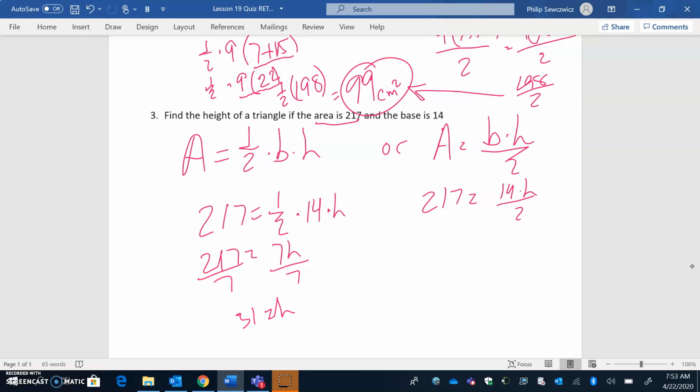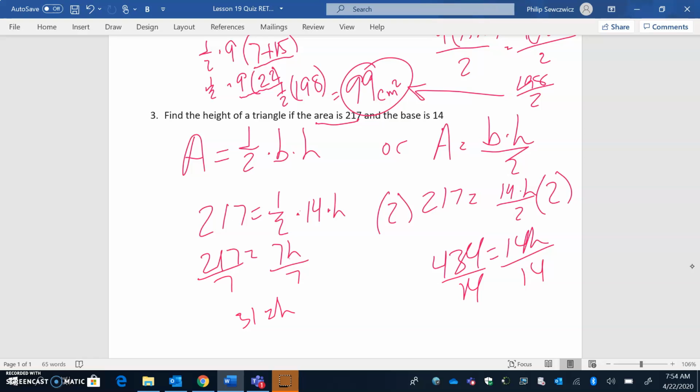To undo dividing by 2, I could multiply both sides by 2. So that'll give me 434 equals 14h. And now I'm dividing both sides by 14. What you'll notice is if you take half of 14, you get 7. You take half of 434, you get 217.